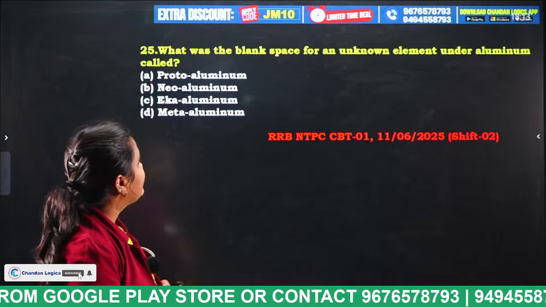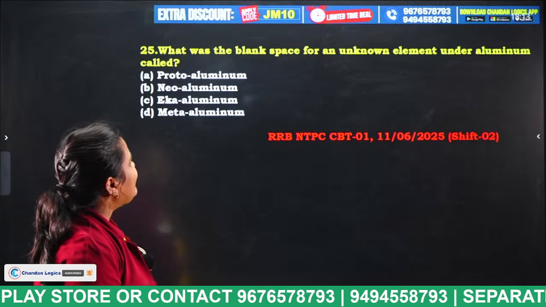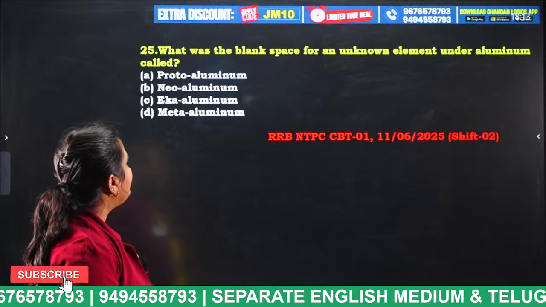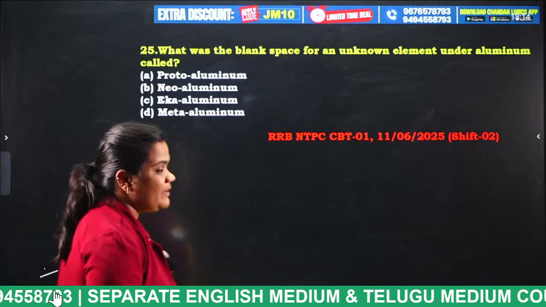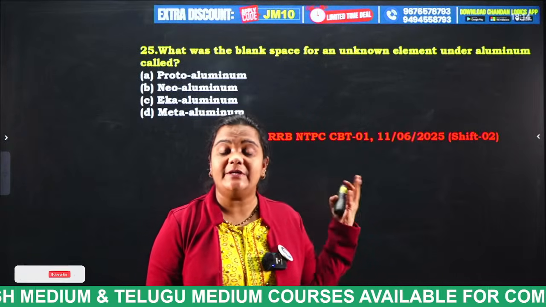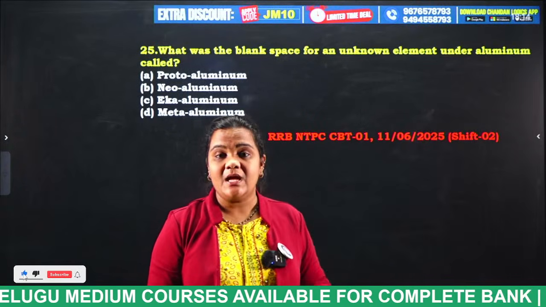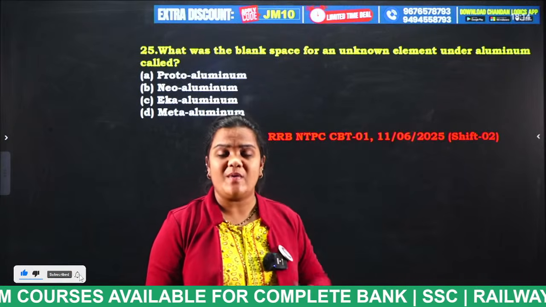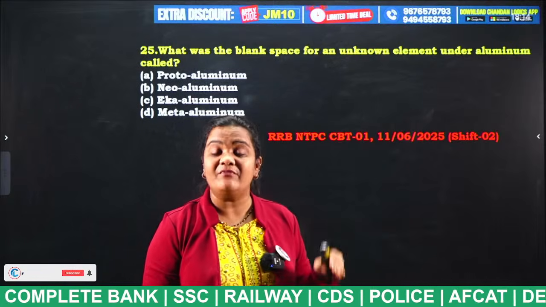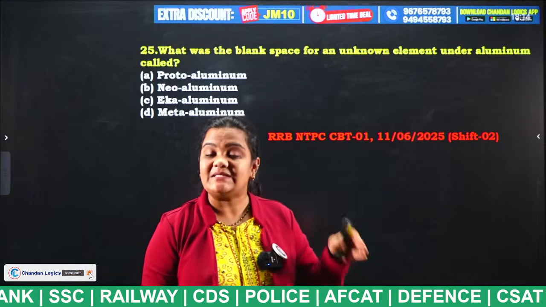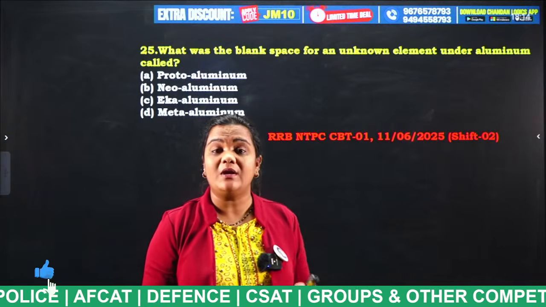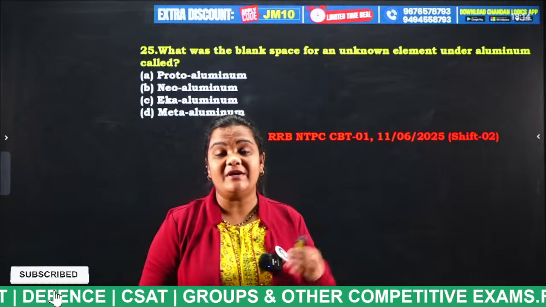Next question. What was the blank space for an unknown element under aluminium called? Proto-aluminium, neo-aluminium, eka-aluminium, meta-aluminium. You all know who Mendeleev is, right? Mendeleev designed a periodic table in 1869, but it had many drawbacks. What were his drawbacks? He did not know about inert gases and where to place them, and he classified only 63 types of elements.